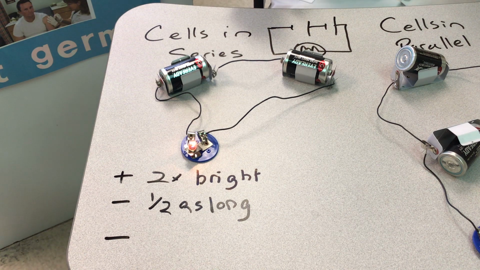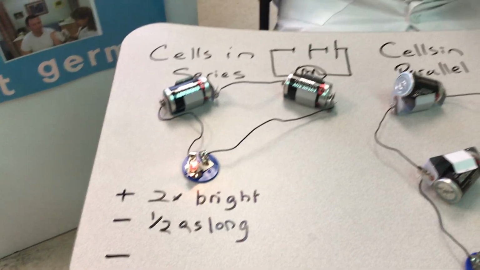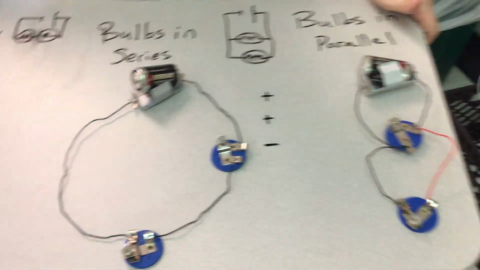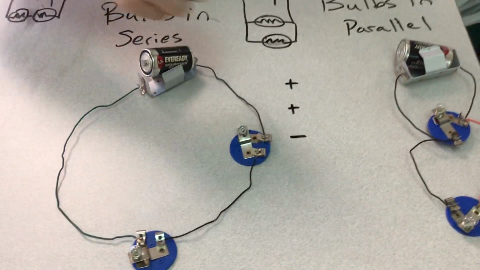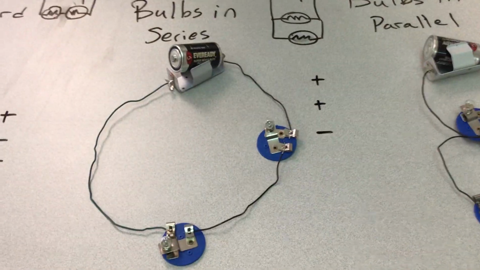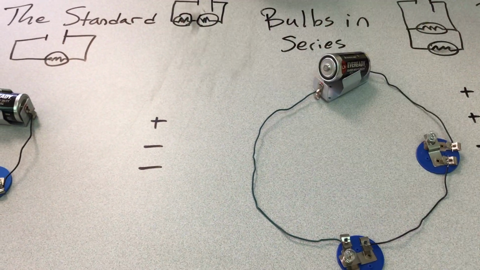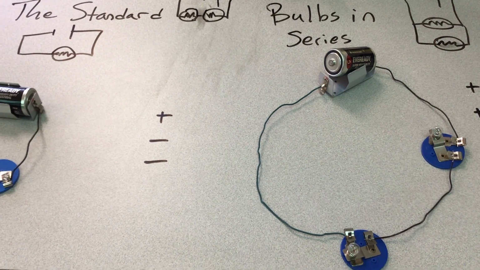All right, so let's move all the way over to not cells in series, but bulbs in series. Now, with bulbs in series, you'll notice there is a similar setup. It has that same loop, but instead of our 2 cells and 1 bulb, we have 2 bulbs and 1 cell.